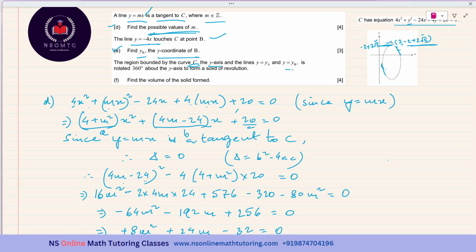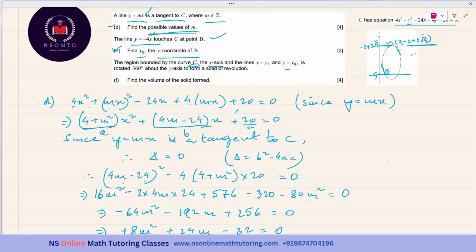And y equal to yb. I'm not sure where it is. Maybe over here. This may be the point B in that case, and this is negative 4. Okay. The region bounded by.